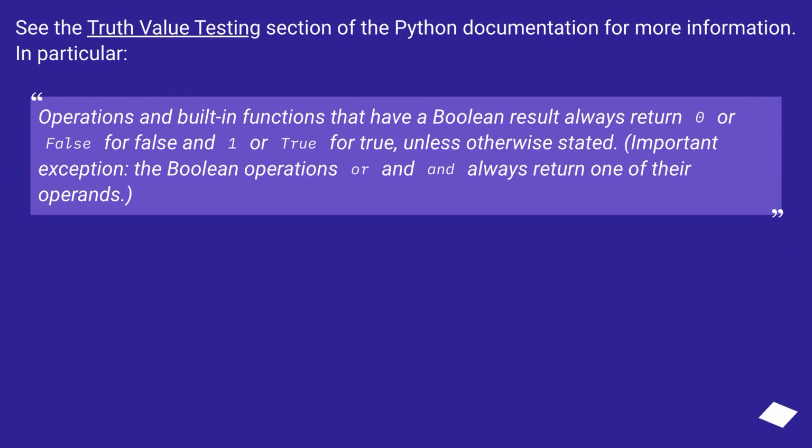See the truth value testing section of the Python documentation for more information. In particular, operations and built-in functions that have a Boolean result always return 0 or False for false and 1 or True for true, unless otherwise stated. Important exception: the Boolean operations or and and always return one of their operands.